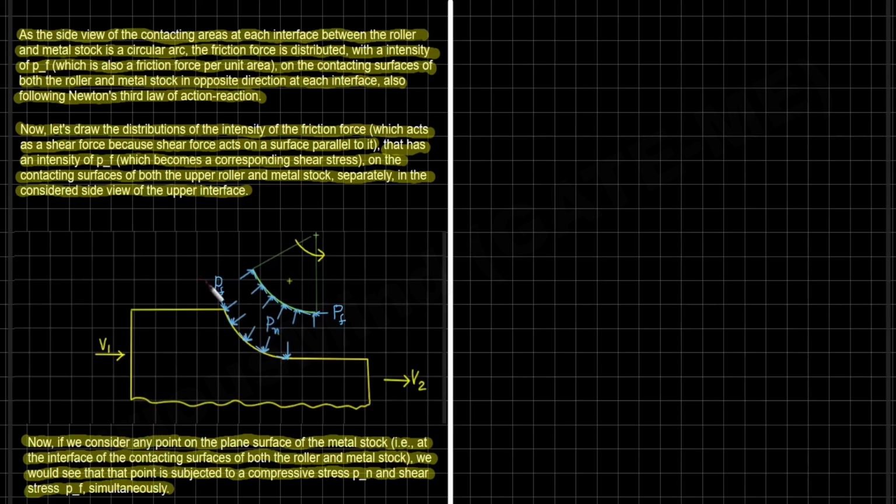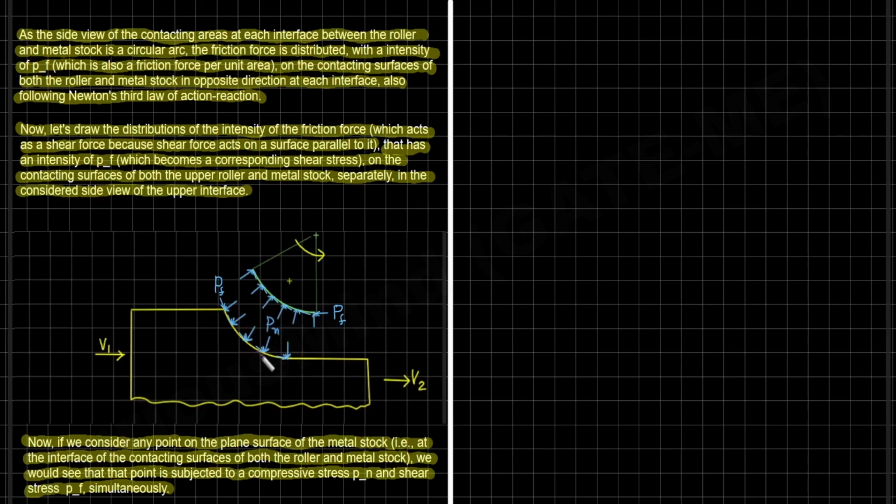In other words, the material of the metal stock is subjected to shear stress and compressive stress together at the contacting area at each interface.